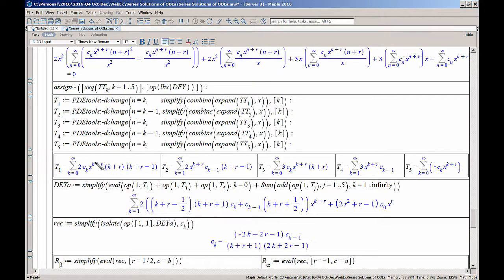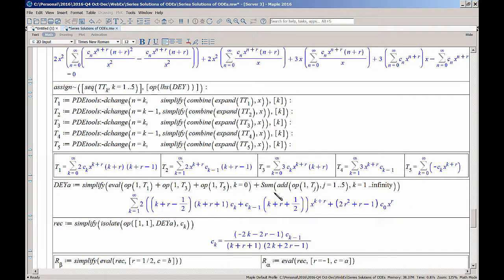Because what I've had to do here is I've had to go in by op to grab the summand. So I did it for this one, and this one, and I added those summands together. Then I evaluated k at 0. That pulls out this stuff.